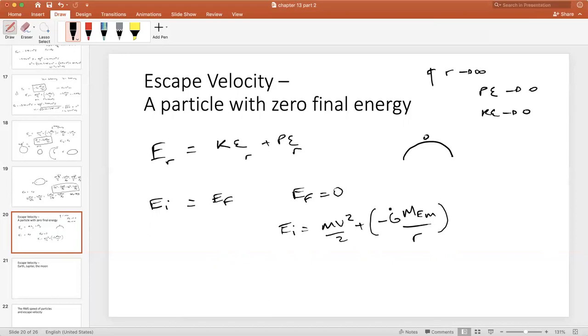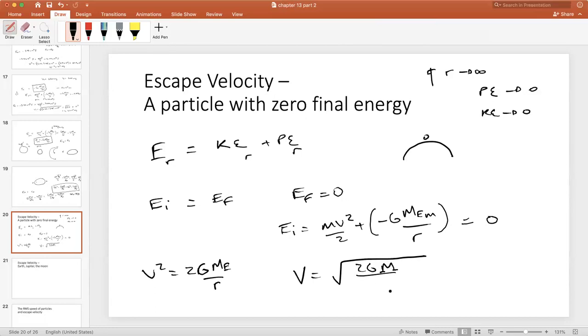If I say this is zero, because it's equal to E final, I see that I get v squared is equal, cancel the little m's, to 2 times G times mass of the Earth over r, or that v is the square root of 2 times G times mass of whatever we're rotating around.